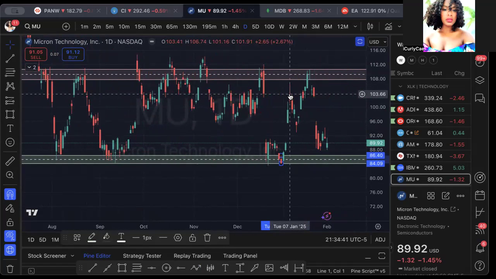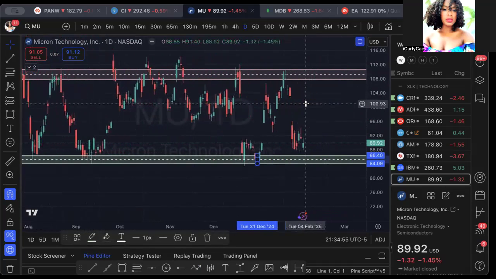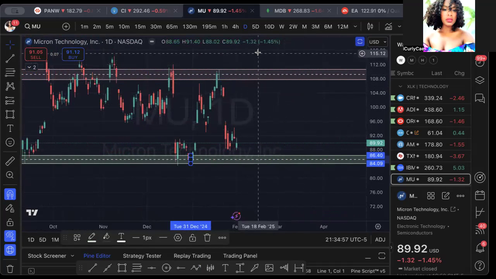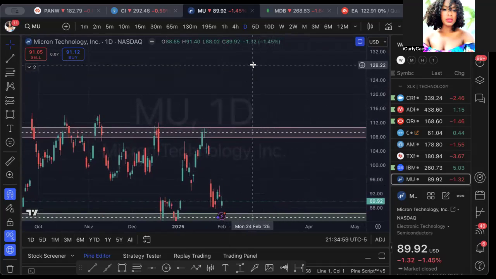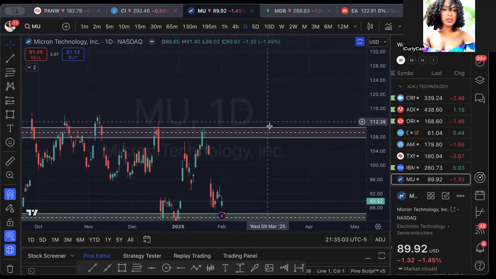The other thing about supply and demand is that it is a form of support and resistance. Just like your support can turn into resistance and your resistance can turn into support, it's the same thing with supply and demand. For example, the moment we break above this level, and we're pushing up, if we ever decided to pull back down, this is now going to be flipped green.